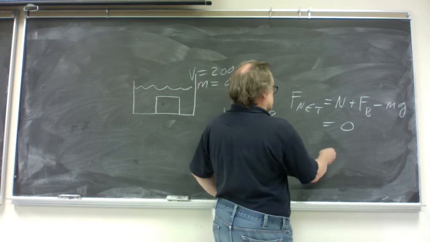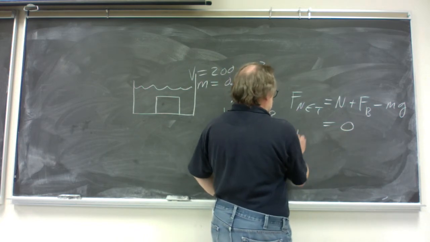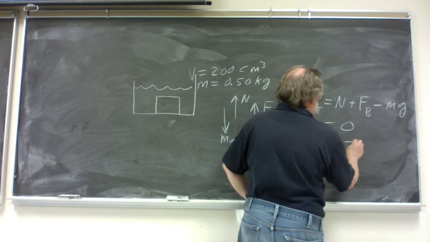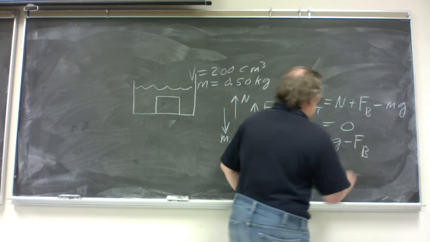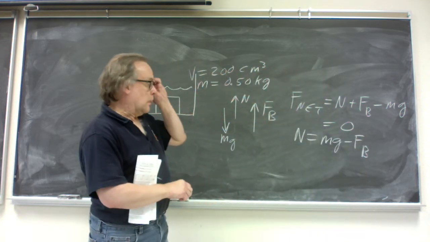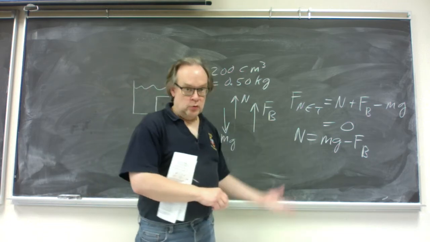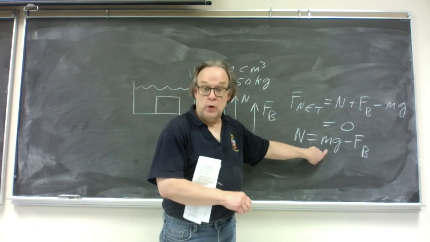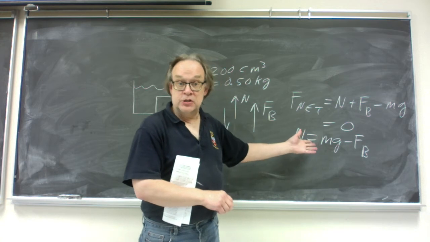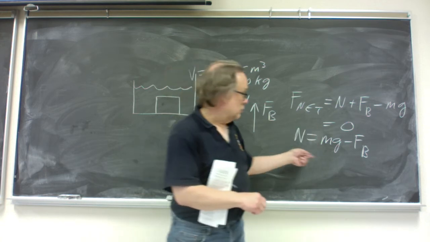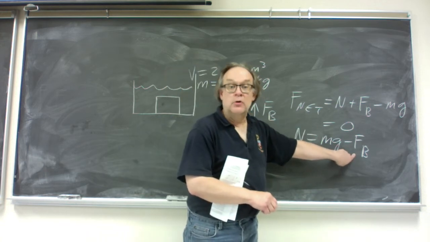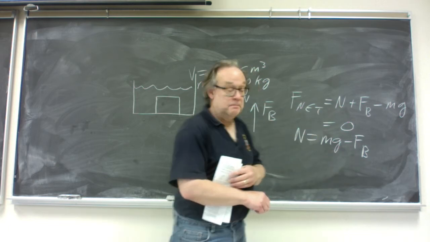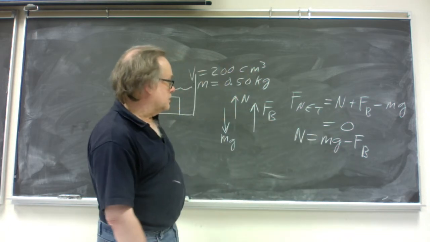Just rewrite this equation, and we've got normal force equals mg minus the buoyant force. Right? That is, the normal force that's pushing up doesn't have to be as strong as the weight. It's less strong than the weight because the normal force is getting some help from another upward force, the buoyant force.